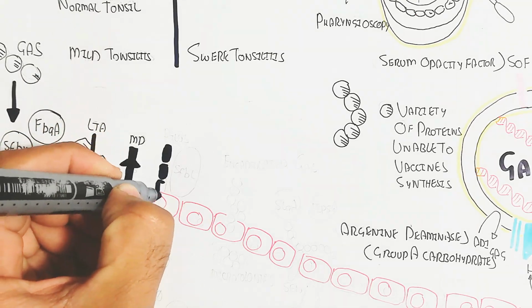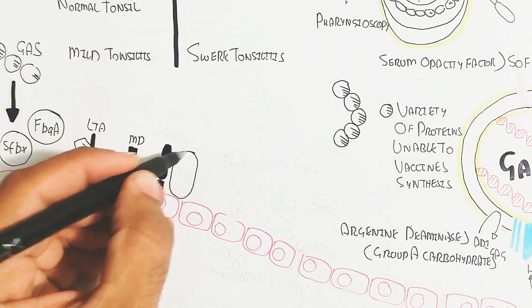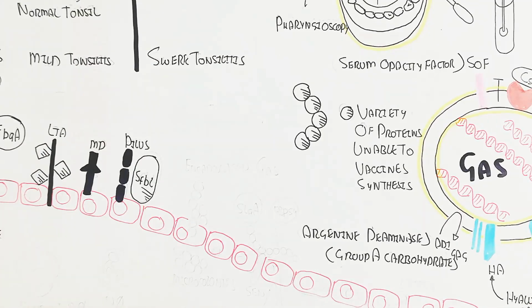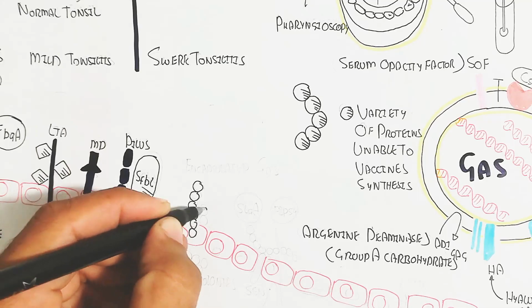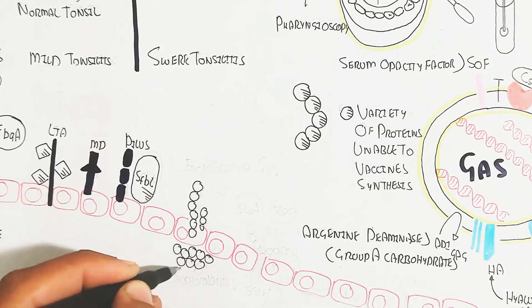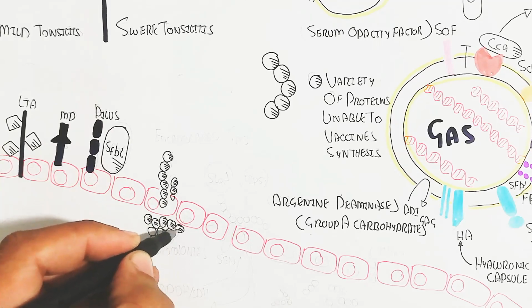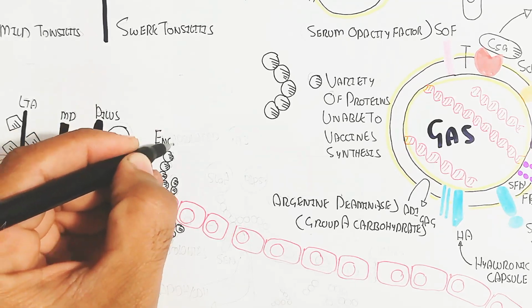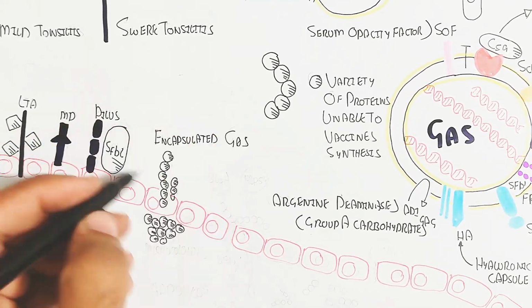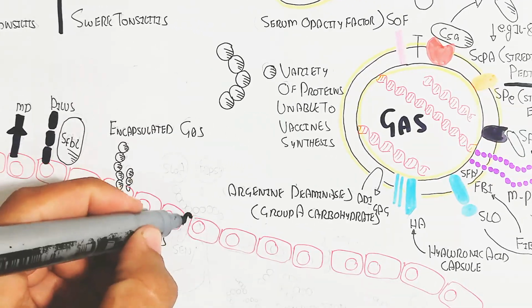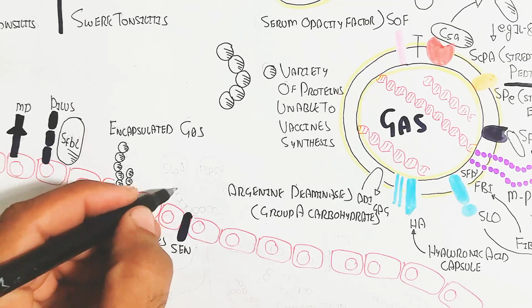LTA binding also triggers the M protein, the pilus and SfbI, which lead to encapsulating the GAS. It means microcolonies will occur inside or outside the endothelial cell. This is the adhesion and colonization.